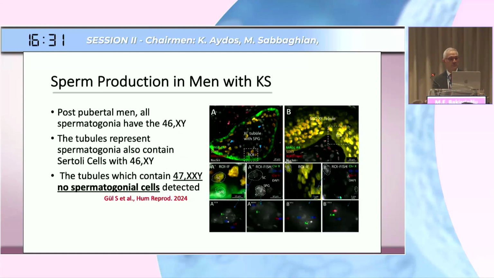The tubules that present spermatogonia, the Sertoli cells there also contain the normal karyotype. In the tubules which don't contain any spermatogonia, all the Sertoli cells showed 47,XXY.